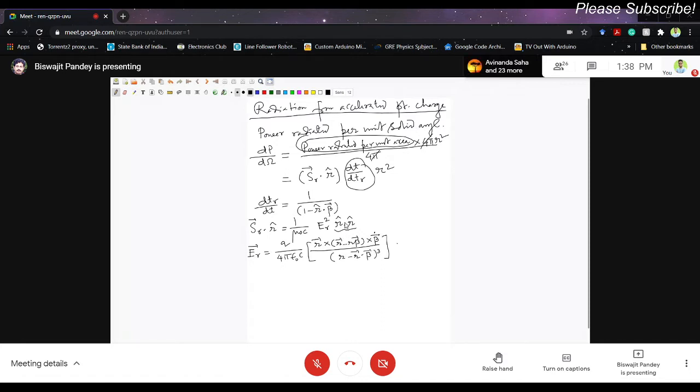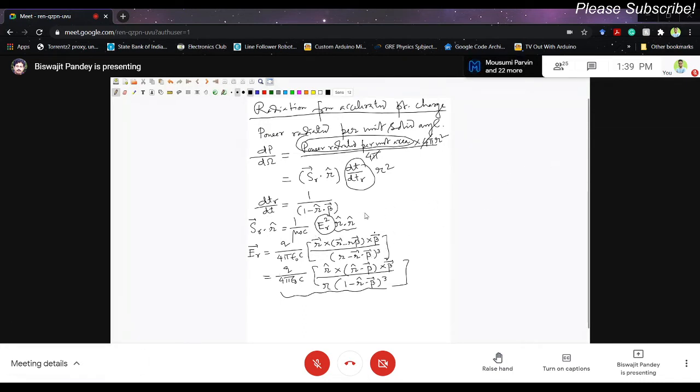Or you can also write this in terms of the unit vector: q over 4π ε0 c, and then r-hat cross (r-hat minus beta) cross beta dot, divided by r times (1 minus r-hat dot beta) whole cube. We just have to put this expression in to calculate E_r squared. I am not repeating the entire calculation, just writing the result here.